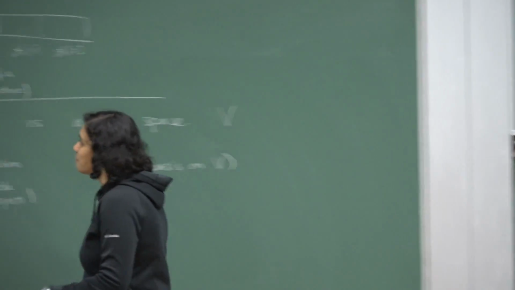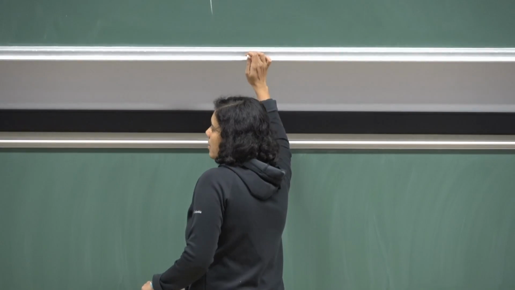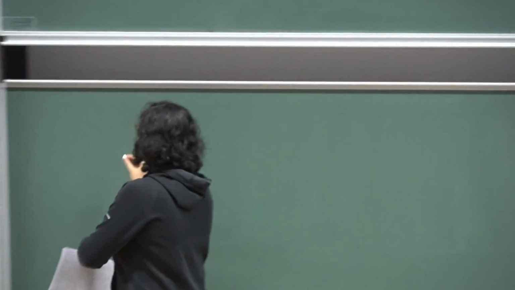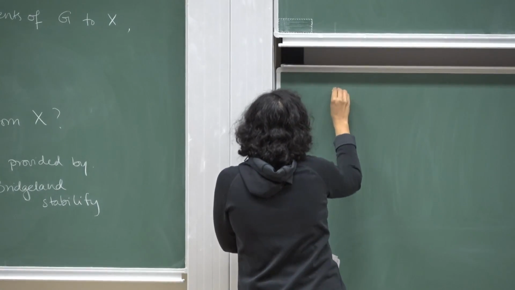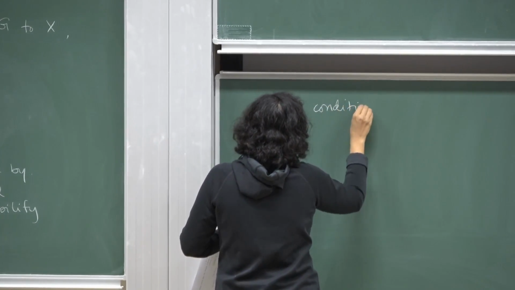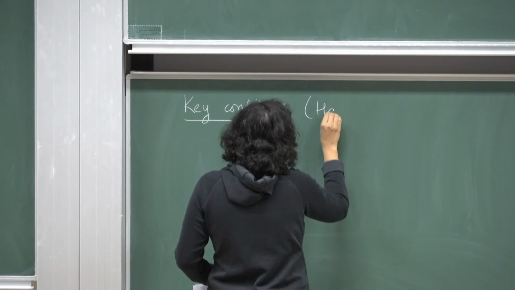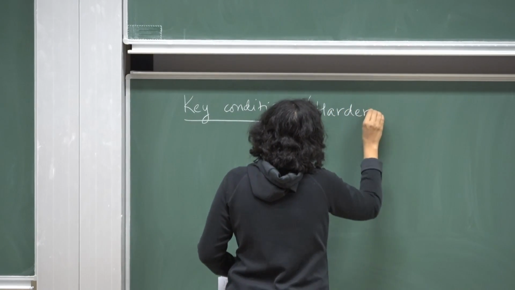So among these compatibility conditions, there's a key condition that we'll use all the time, and that's the one thing you should remember. And this is the existence of what's called Harder-Narasimhan filtrations.